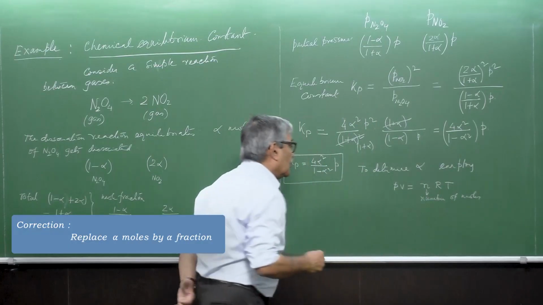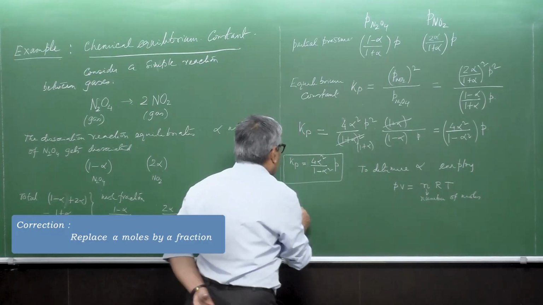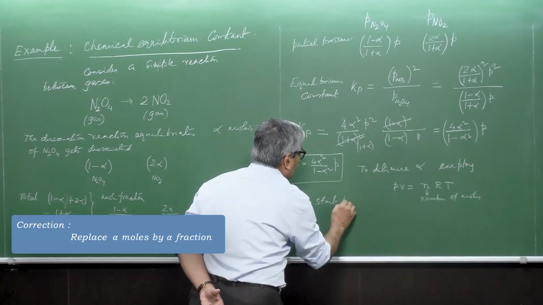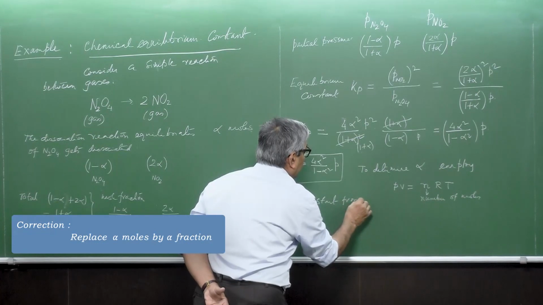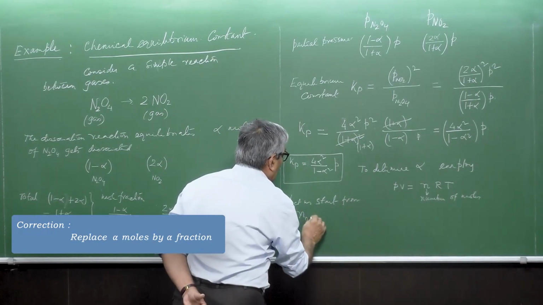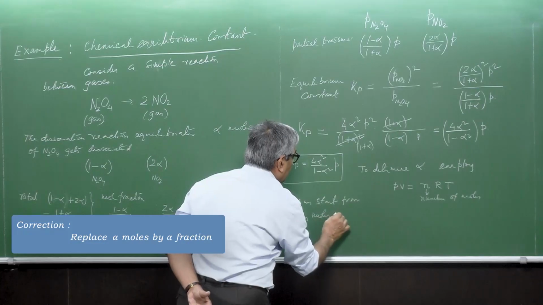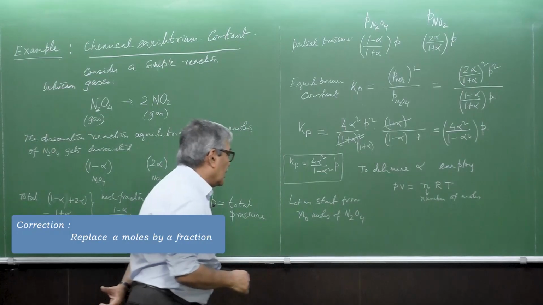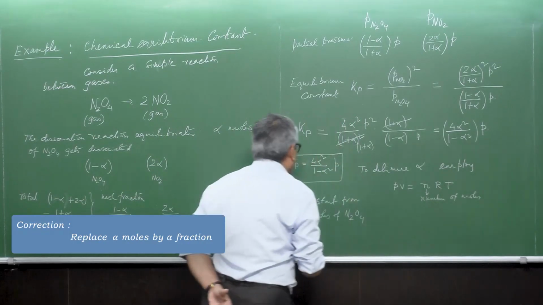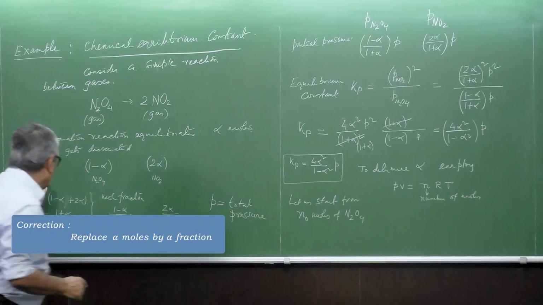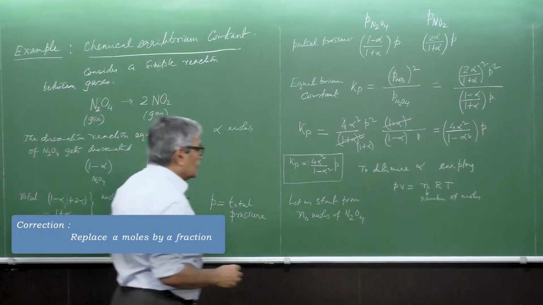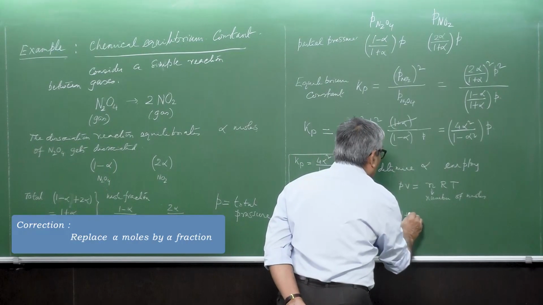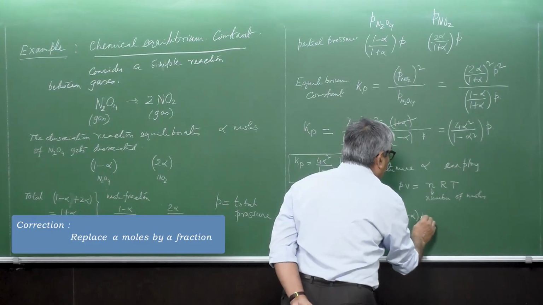So how many moles are here? Let us start from N0 moles of N2O4. N0 moles of N2O4 means the total number is 1 plus alpha times N0. So n is basically 1 plus alpha times N0.